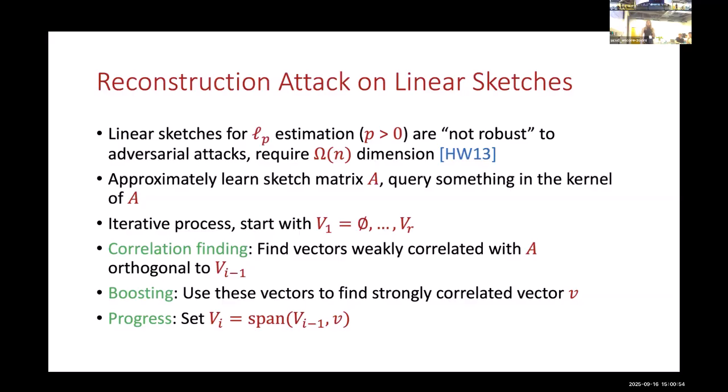The next step is to use these weakly correlated vectors to find a strongly correlated vector V, which is very close to being in the row span. Finally, the attack makes progress by setting Vi to be the span of all of the previously found vectors and V.